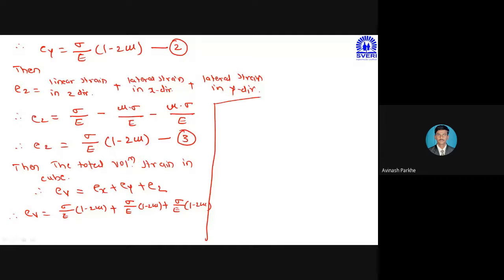Okay, so I have done the addition of all the strains we have calculated, that is total volumetric strain is equal to epsilon x plus epsilon y plus epsilon z. Now, epsilon v is equal to sigma upon E 1 minus 2 mu, sigma upon E 1 minus 2 mu, sigma upon E 1 minus 2 mu, means we can say that 3 sigma upon E in bracket 1 minus 2 mu.